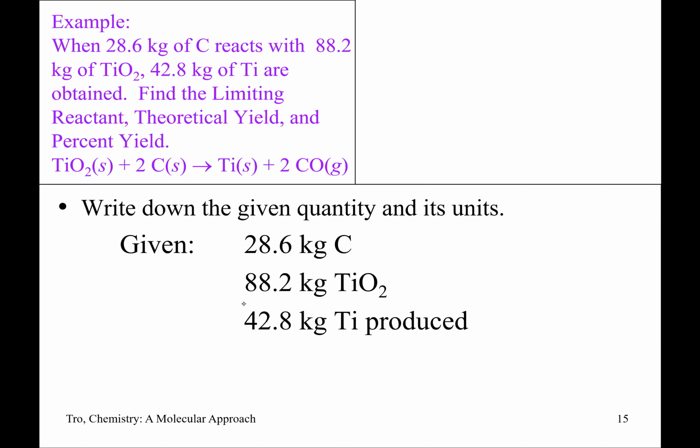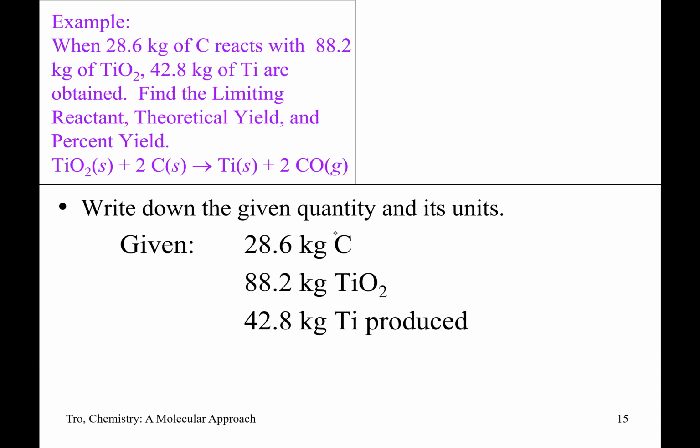Once you identify what is given and what you're looking for, in this case you are given 2 quantities, so you have to decide which one is going to limit the reaction.